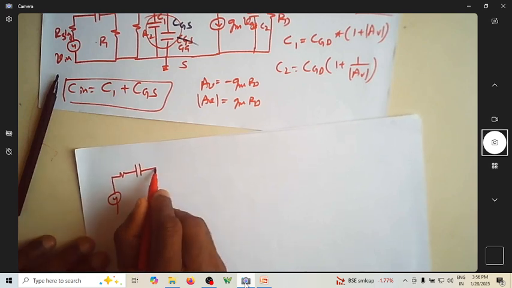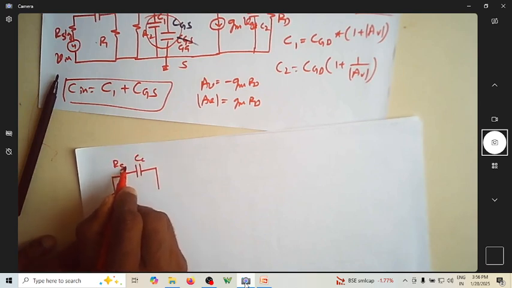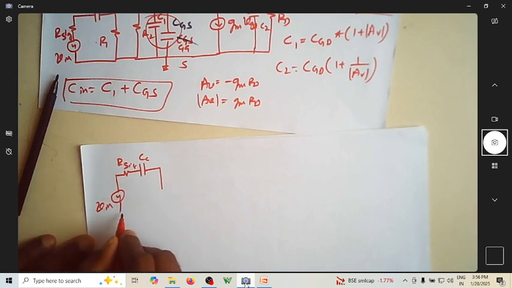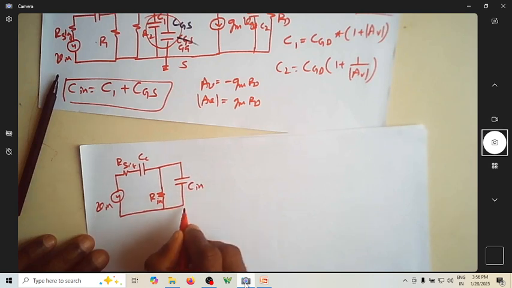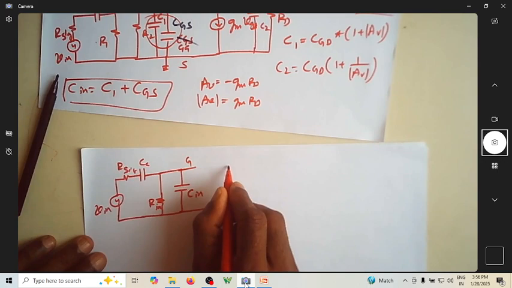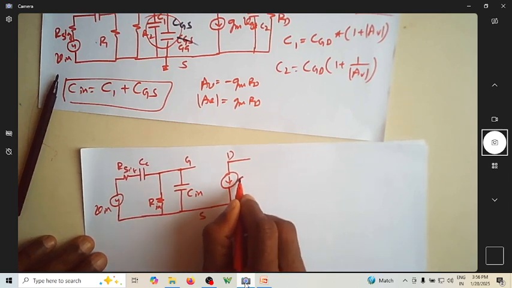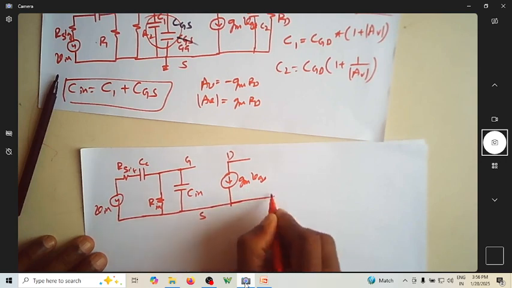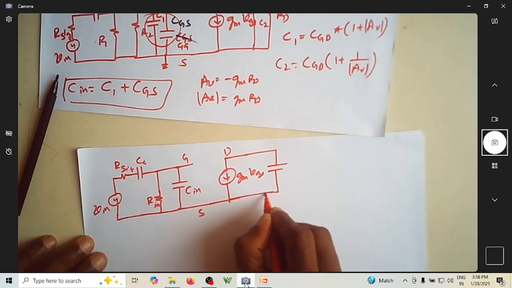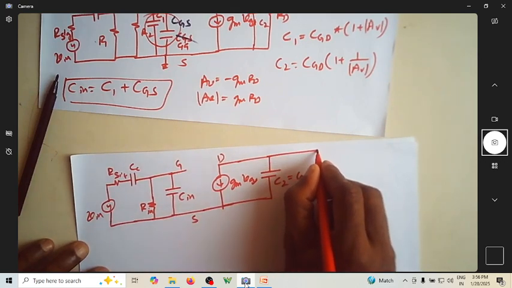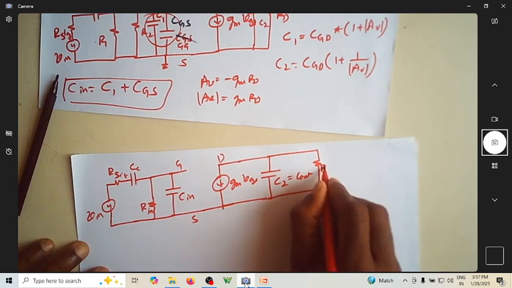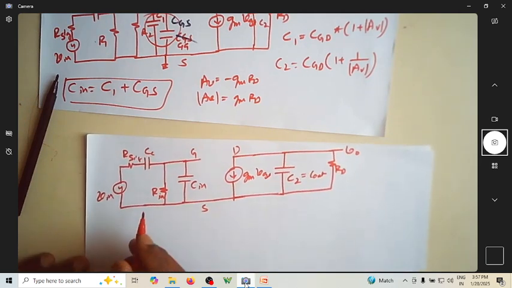So this is CC, and this is R signal, this is V in, so this is R in here, and this is C in, and this is gate, this is drain, this is source, and this is the dependent current source, which is GM into VGS, and I'll have a capacitance C2, which is also called C out, output capacitance, and I have this is my RD, this is V naught.